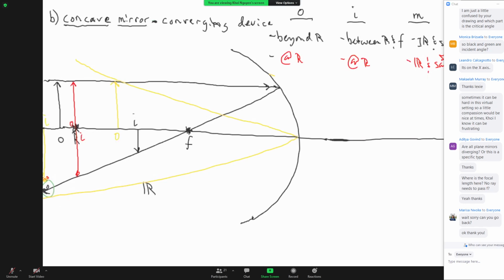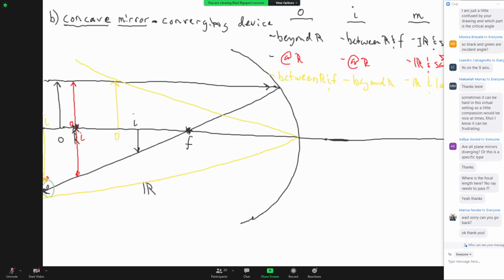So when the object is between R and F, the image is going to be beyond the radius of curvature. It's going to be inverted, real, and it's definitely going to be larger in size.